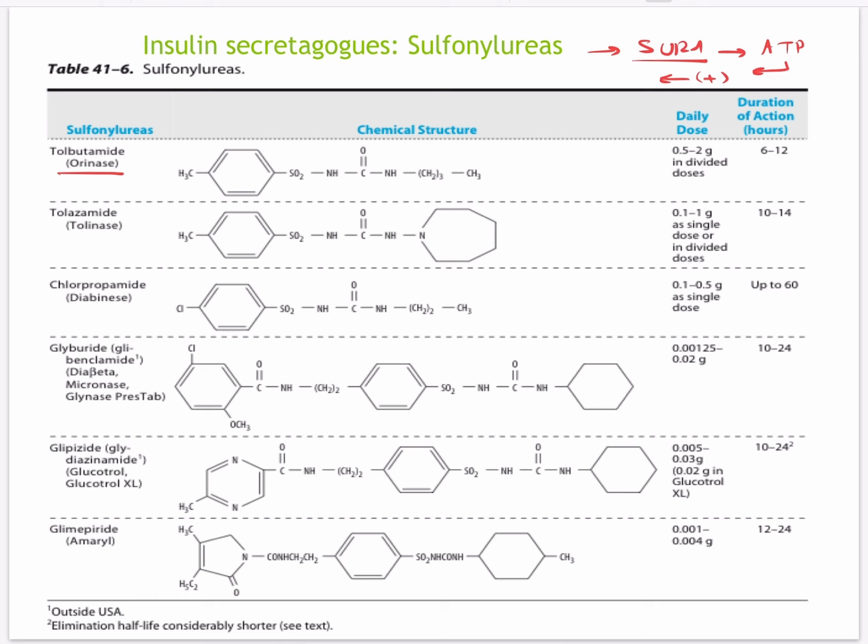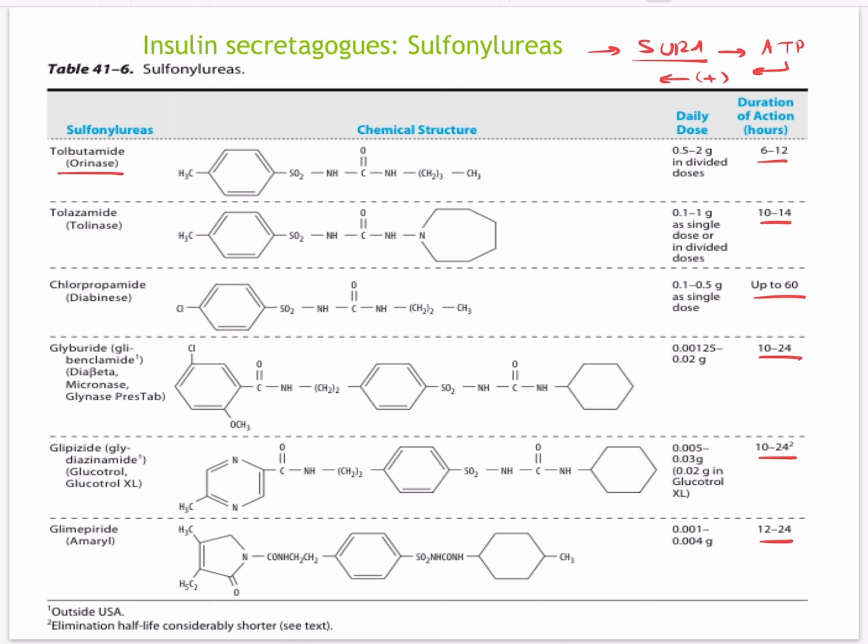And also we can have another example, and the duration of action can be different, as you see here, usually around 1 day. And this type of drugs, we can classify into the first generation and the second generation.